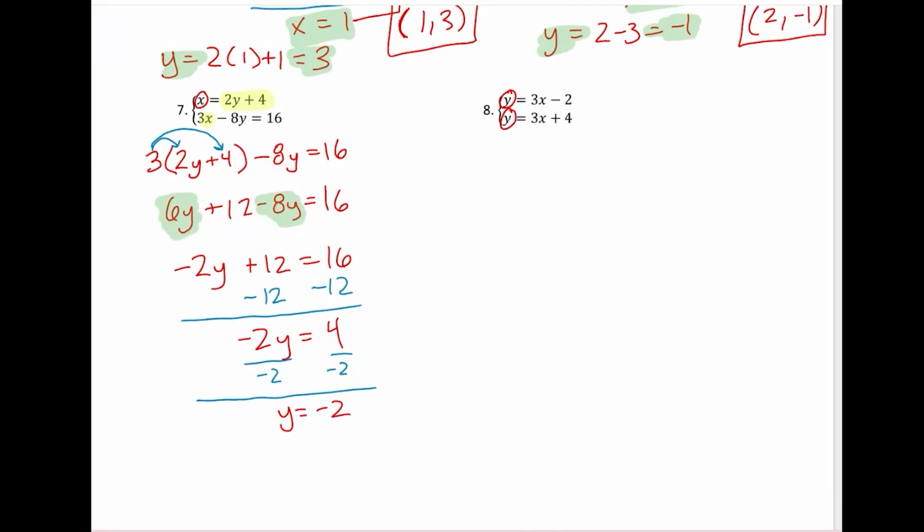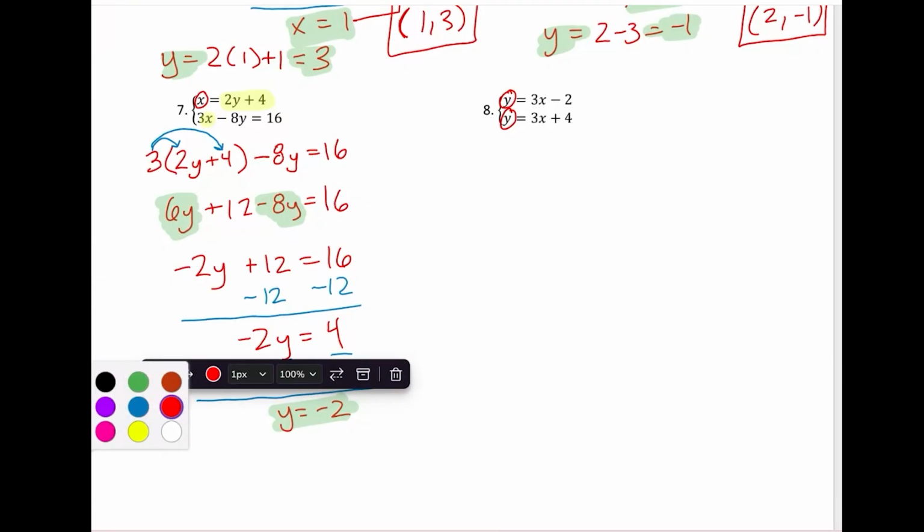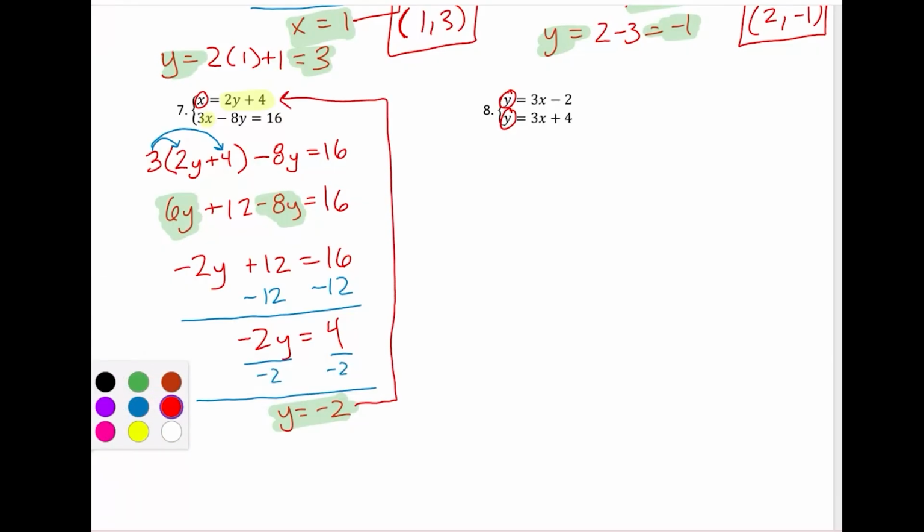So we're going to take that -2 and do one more substitution. We're going to substitute this back into that original equation that had x isolated right there, and just rewrite it, but fill in that -2 for y.